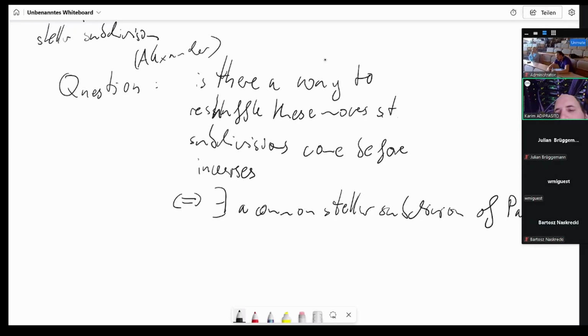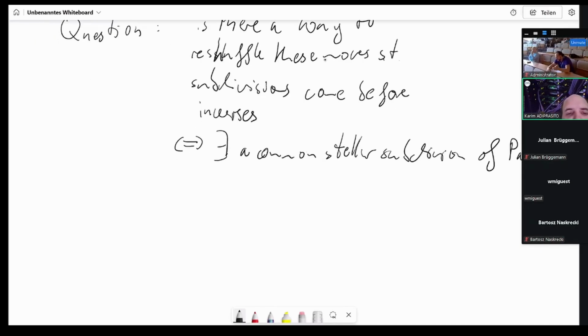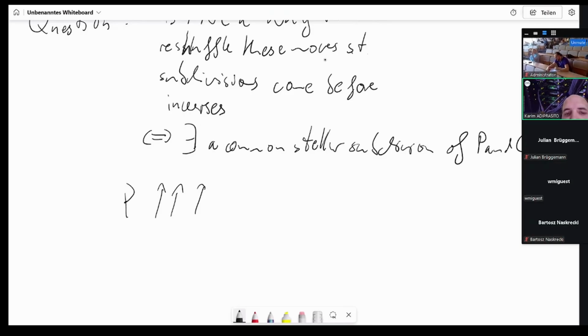in PL topology. So just to illustrate, this means that I have P, and then I do all the subdivisions first. I arrive at some intermediate space I, some intermediate simplicial complex. Then I do my inverses until I end up at Q. All right.